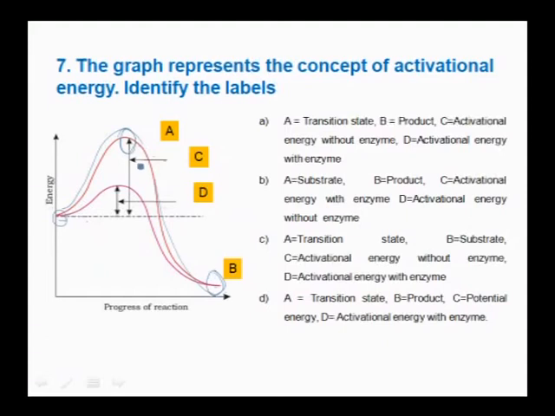And the arrow mark C is indicating the amount of activational energy that is required when a reaction is not associated with enzyme, and the arrow mark D is indicating the amount of energy required when the reaction is making use of an enzyme.